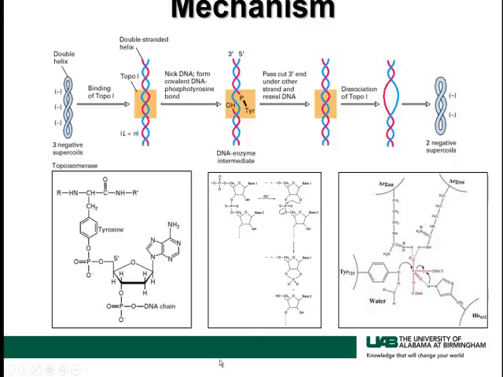But the bottom line is that the tyrosine OH then binds the phosphate group, okay, to kind of nick the DNA strand by binding to the phosphate group, and there's that free OH group right there, and it begins to unwind or relax the DNA by threading the free fragment through, and then it begins to ligate it again. And once it ligates, the number of supercoils is going to be different. It's going to be less.